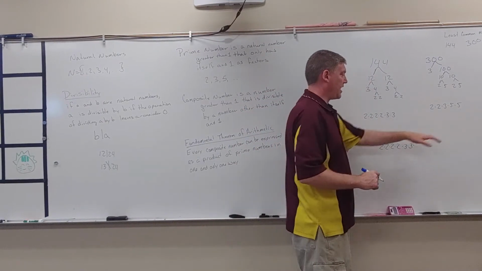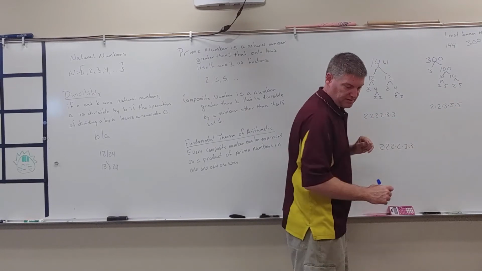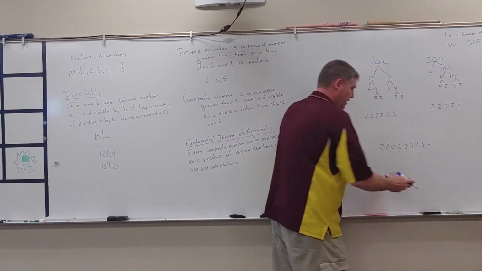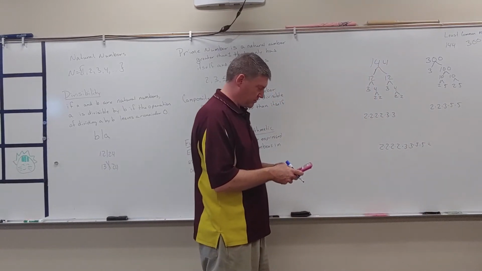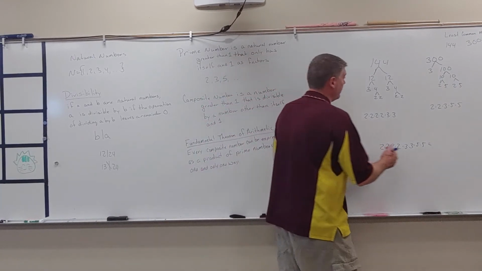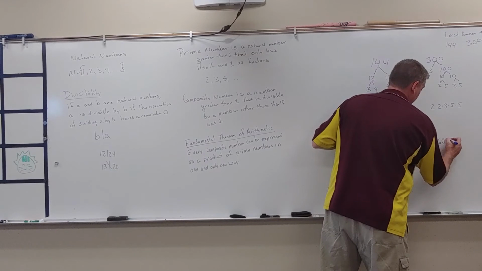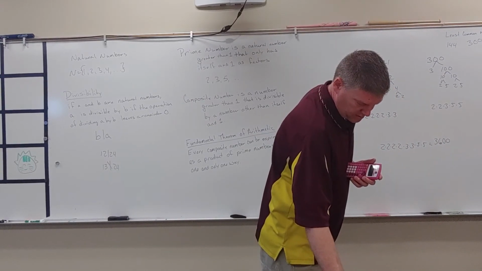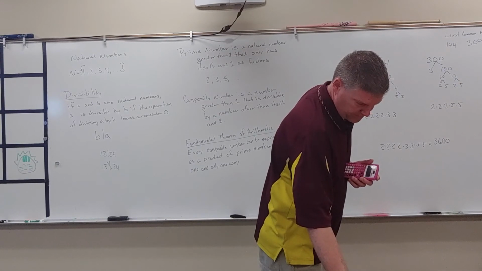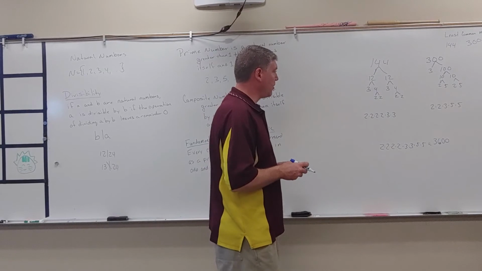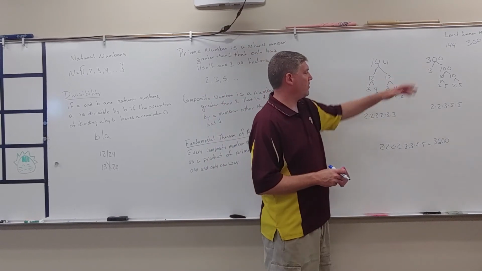And then it has to have this many 5's in it. 5 times 5. Now, if I multiply that all together, 2 times 2 times 2 times 2 times 3 times 3 times 5 times 5, I get 3,600. Okay? And that is my least common multiple for 144 and 300.